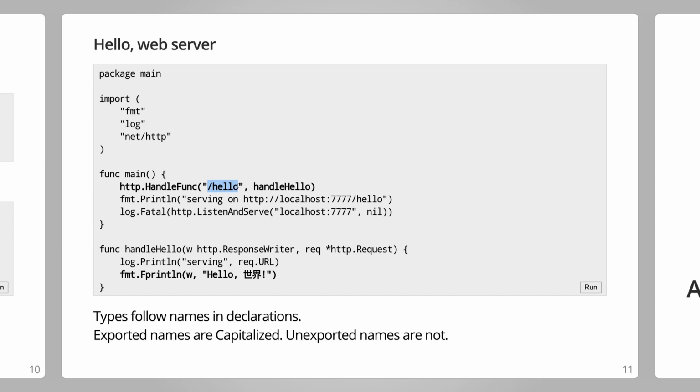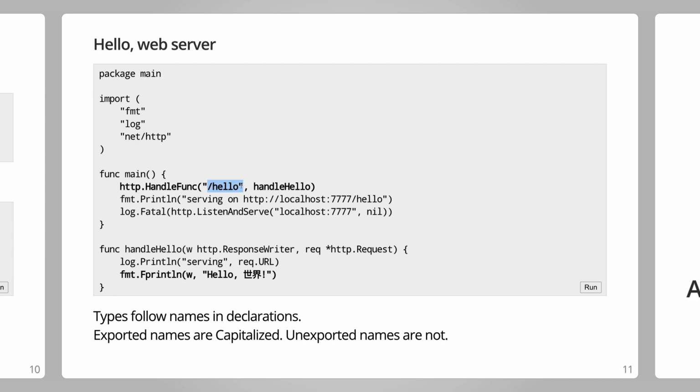Whenever you hit this endpoint, it's going to call this handleHello function that is defined down here. So here you have a HandleFunc that defines an endpoint and provides a function that should be called whenever this endpoint is accessed.